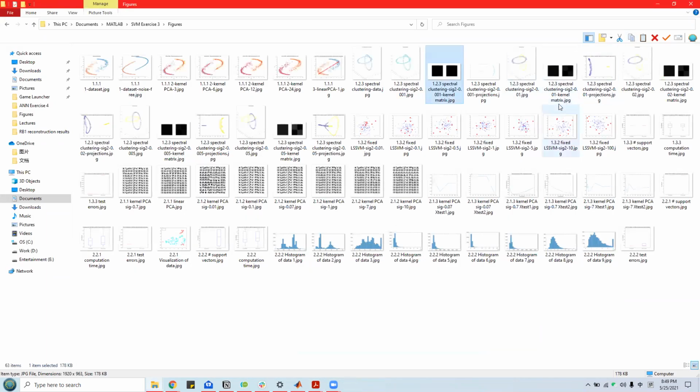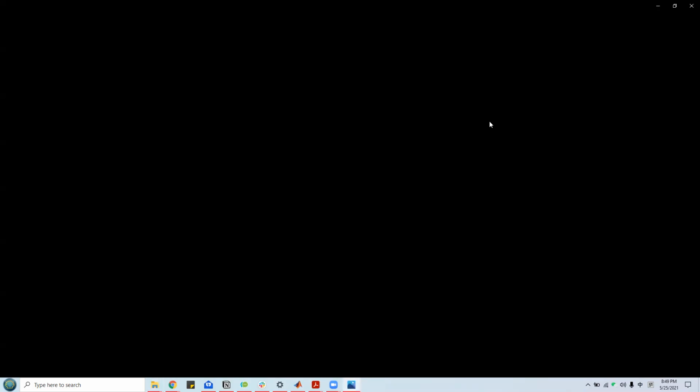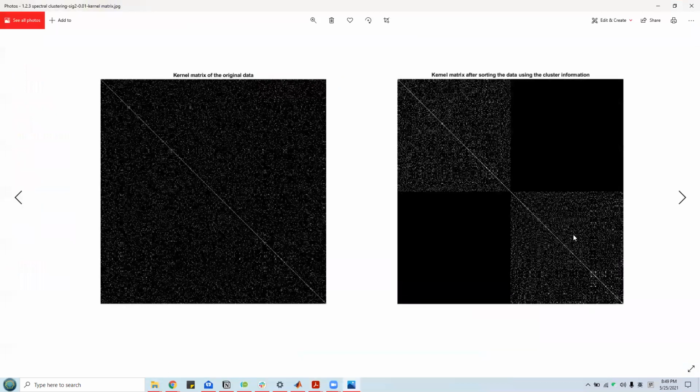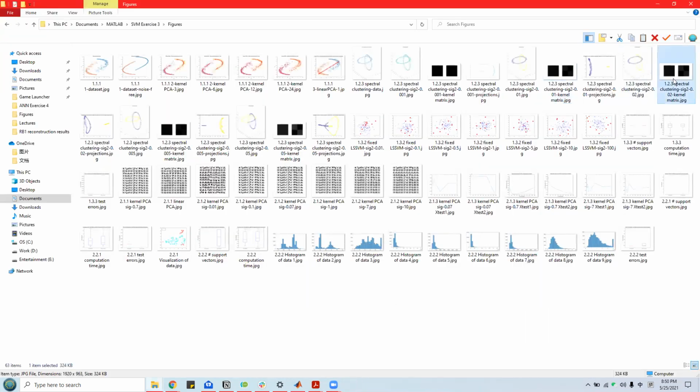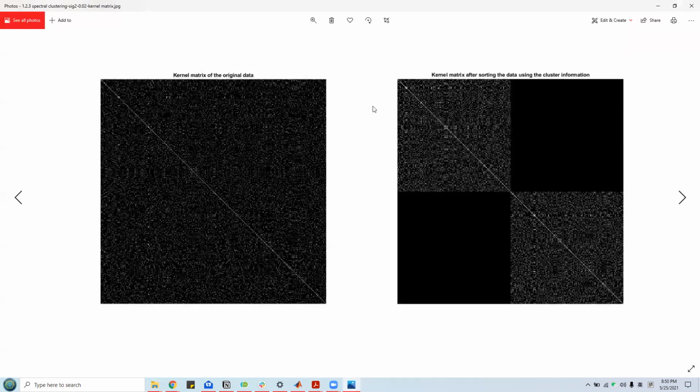And this one is 0.01, where you can see the two clusters very easily, separated into two regions. Let's check this one, 0.02. It's very separated.